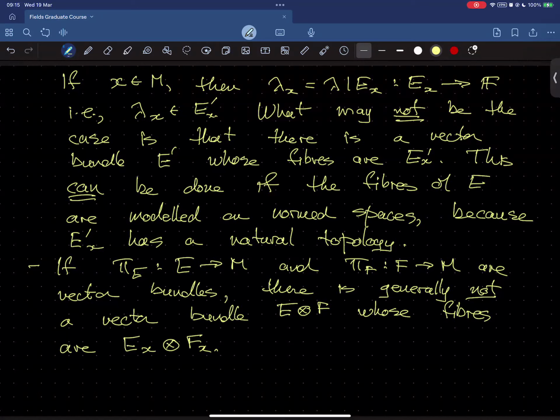And the reason here is rather similar to the reason the dual bundles don't generally exist, and that is that tensor products don't necessarily have a nice topology. There's many topologies that you can put on the tensor product of two locally convex spaces.